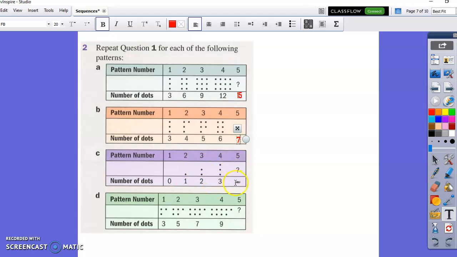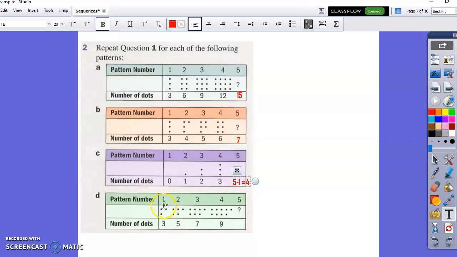So 5 minus 1 will give me 4. So here will be 4 points. So we don't have only increasing or adding, we can have the difference, we can have multiples, we can have division, so we can have any rule to get the pattern.